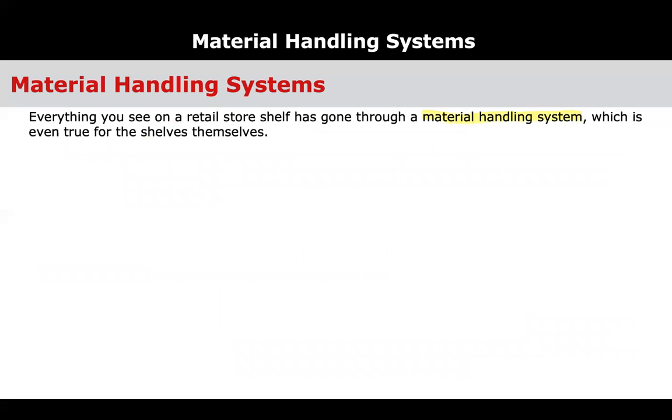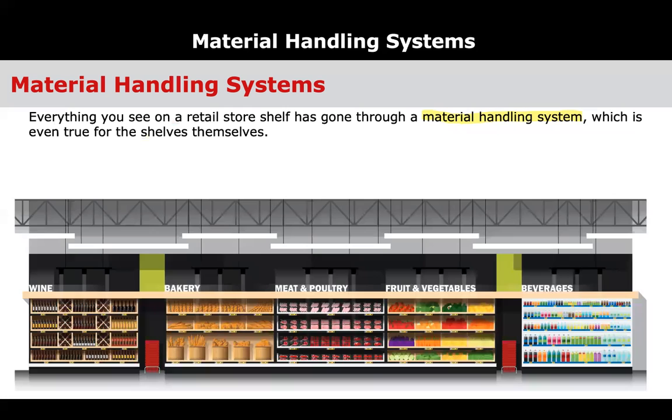As you know, everything you see in a retail store has gone through a material handling system. Even the shelves that the items for sale sit on went through a material handling system to get there.